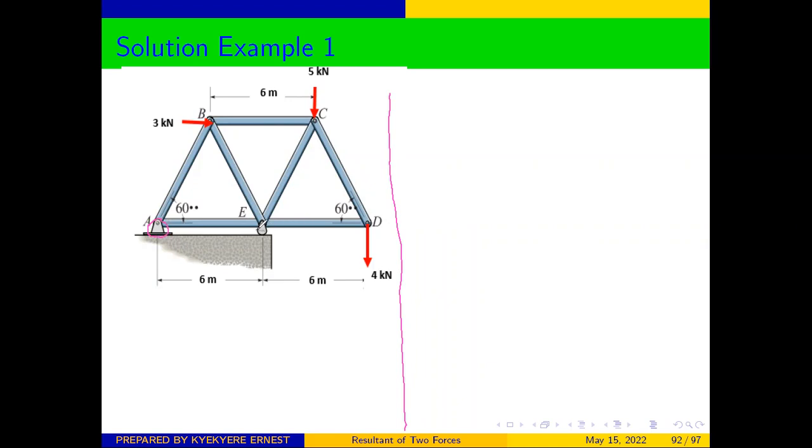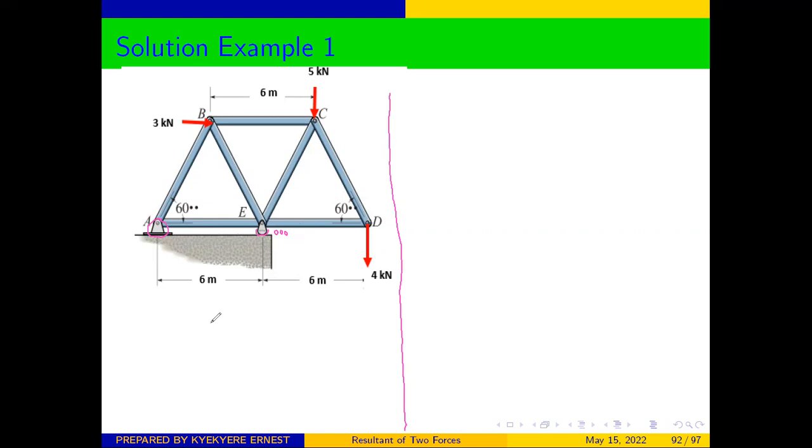Anytime you see small circles underneath, it means that the support there is either a roller or a rocker. So in this case, we have a rocker. What you need to do is to detach the whole truss system from the support and draw your free body diagram.